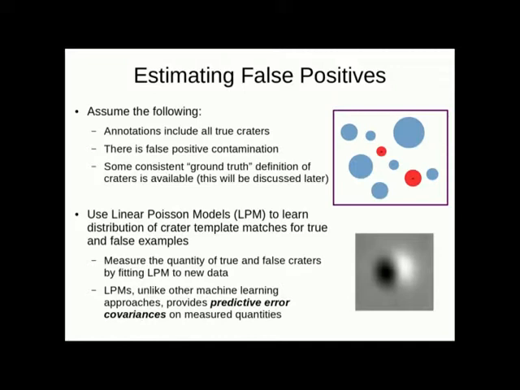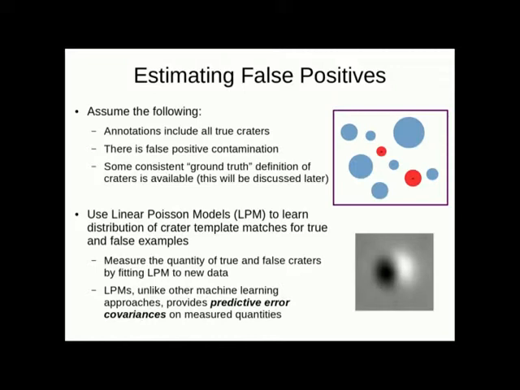Let's begin with estimating false positives. Let's assume that we have a data set and every single genuine crater is present within that data set, so the P_T term, in other words, is up at 100%. Let's assume that. But let's also imagine that there are false positives in there, there are contaminations, because the P_F term is not at 0.